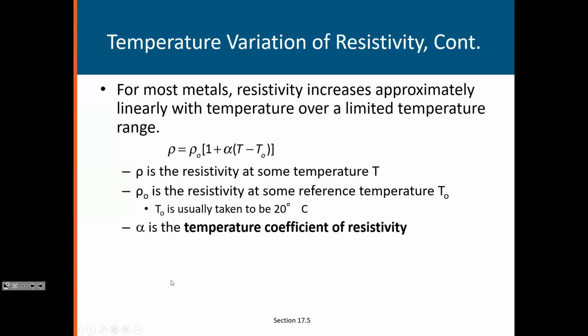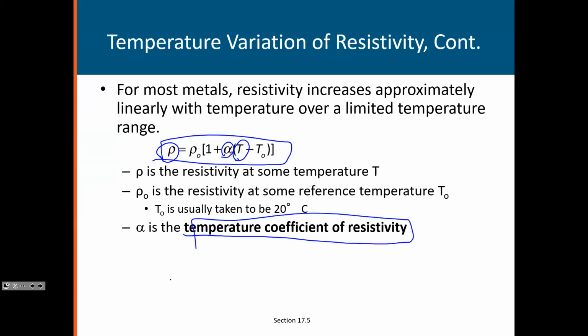Electrons are the charge carriers. So this is the equation, the variation of the resistivity with the temperature. The resistivity at a certain temperature T will increase proportionally, and this is the proportionality constant. We call this the temperature coefficient of resistivity.